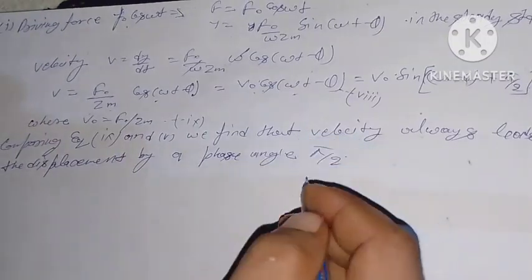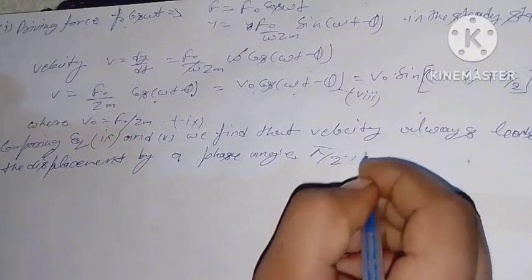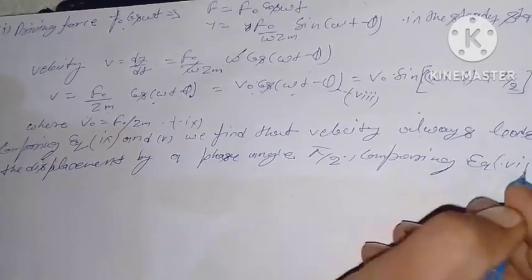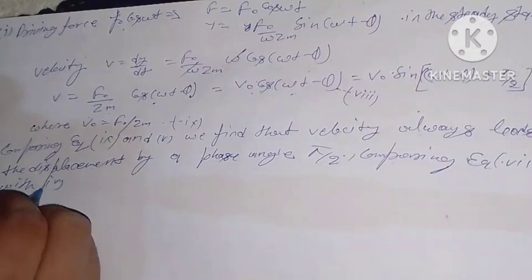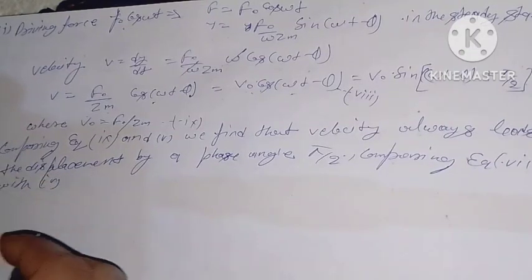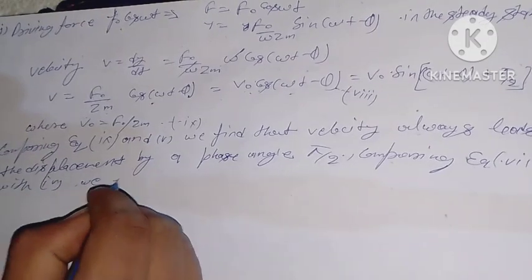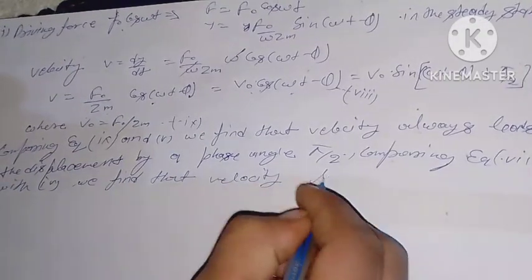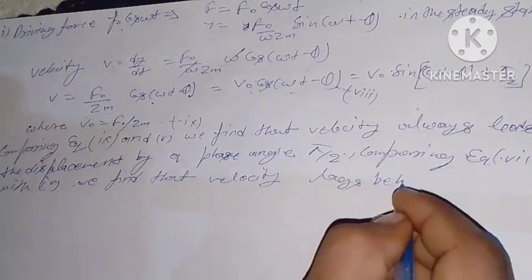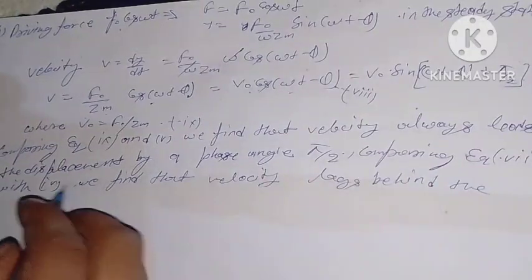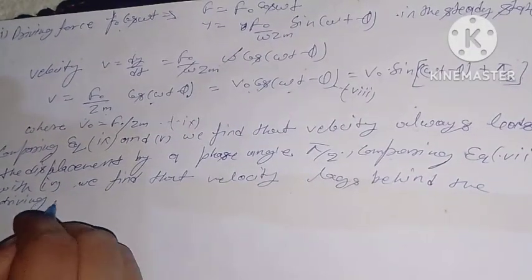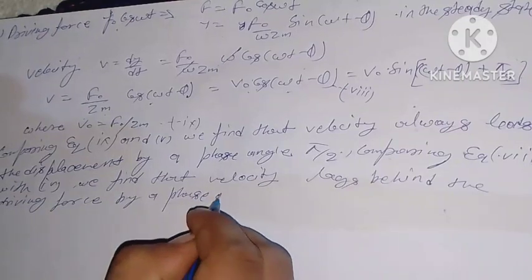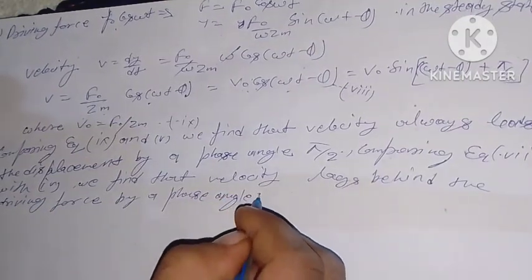Comparing equation number 8 with 4, we find that velocity lags behind the driving force by a phase angle phi.